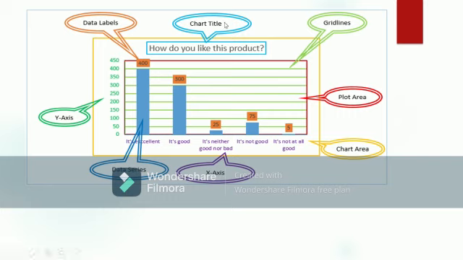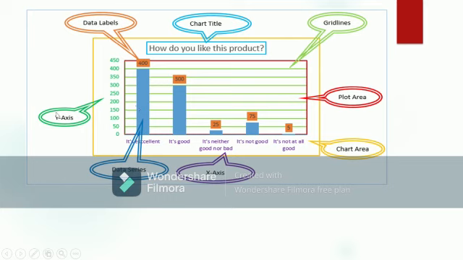The chart title we can give as per our wish, but the title itself should convey the meaning of the whole chart. It helps the user understand what the chart represents. Then data labels mean additional information about the rectangular boxes.